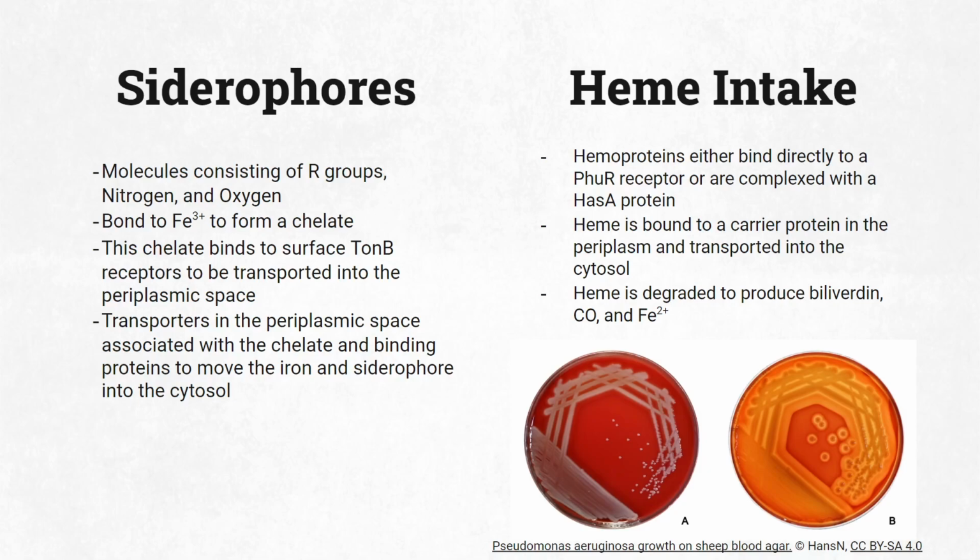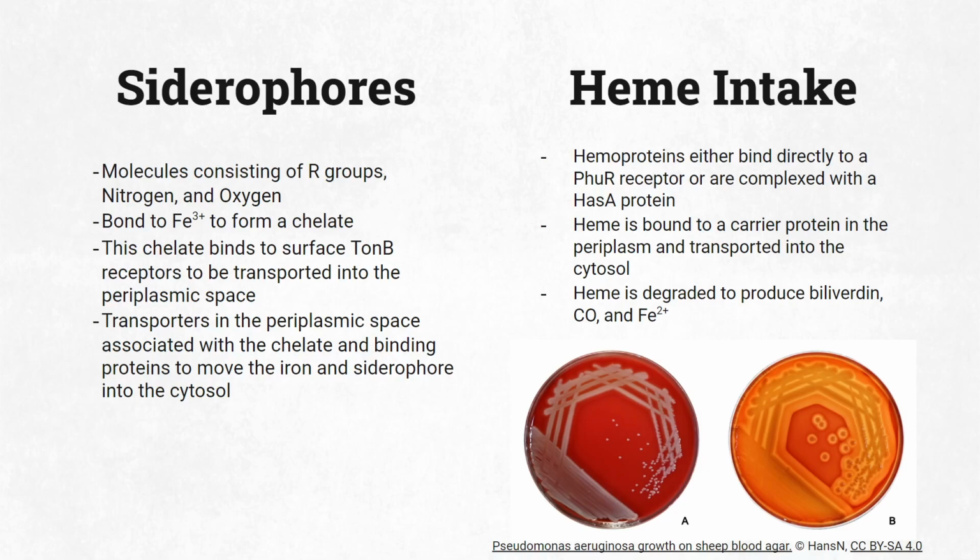This chelate, this siderophore iron complex, will then move to the bacteria, or it will be picked up by the bacteria, where it will bind on a surface protein called the TonB receptor and be transferred into the periplasmic space through a protein channel.